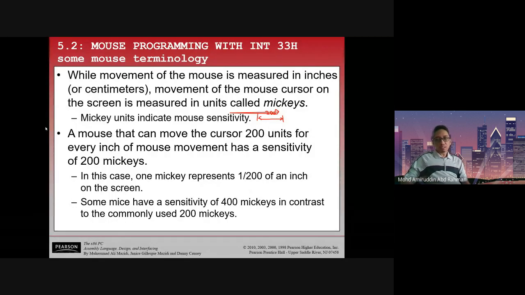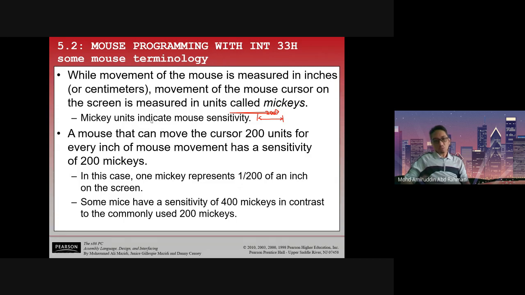Okay, so katakan saya gerak satu inch, okay, 1 inci daripada sini kepada sini, dia ada 200 unit di dalam tu. 200 unit, dia maksudnya dia sensitif lah, alright, sebab dia boleh kecilkan lagi, alright.